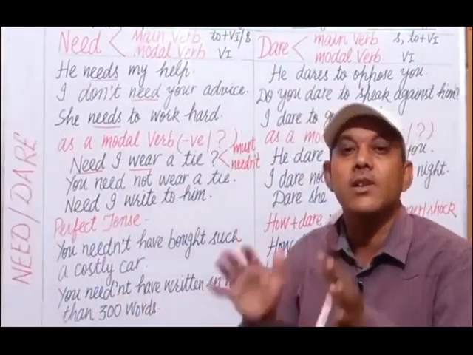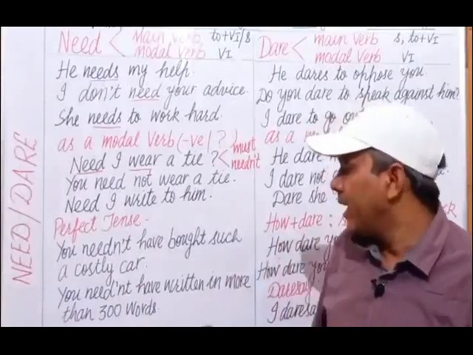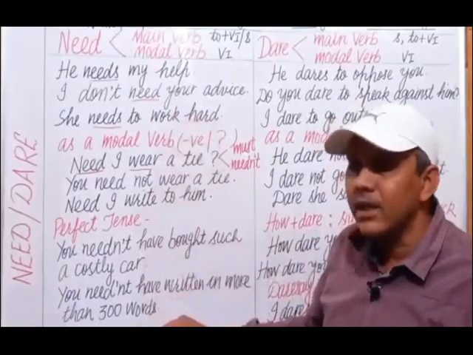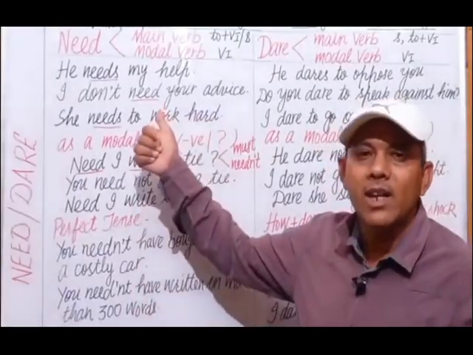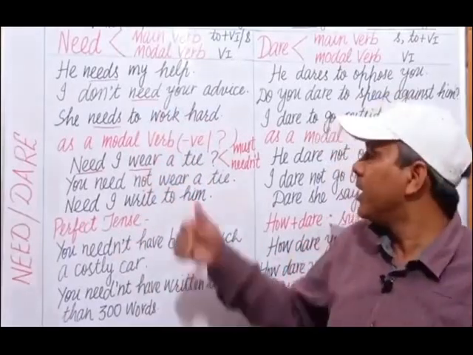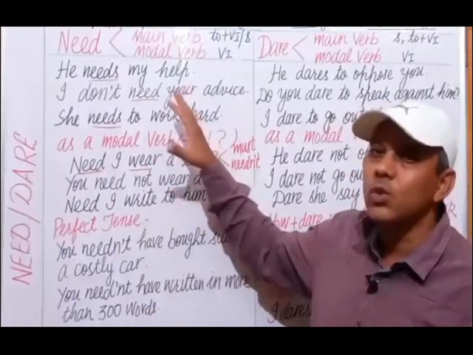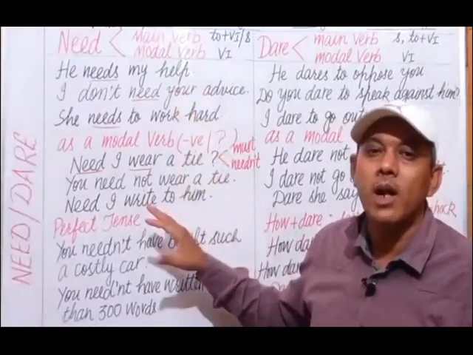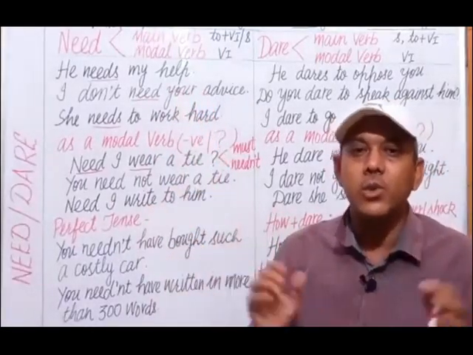It is the wastage of time. In this way, we use need as an ordinary verb and as a modal verb. I hope the difference between the use of ordinary verb and modal verb is clear to you.